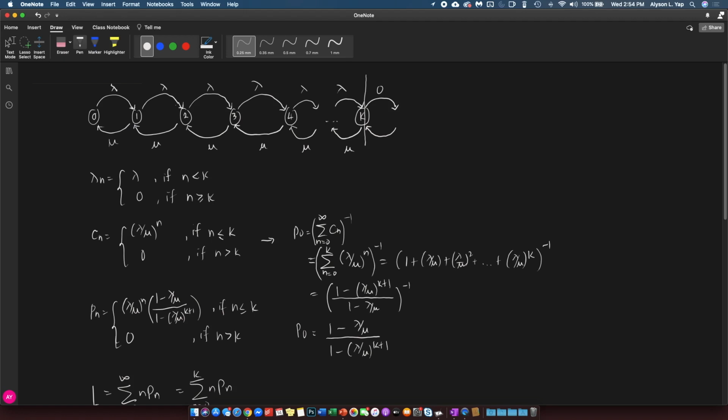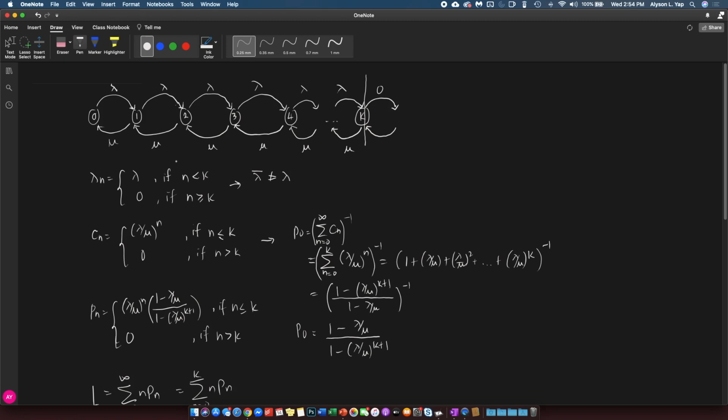When you reach a state of n equals k, then your arrival rate automatically becomes 0. Now, one implication that we will be using later on is that given your lambda sub n, lambda bar is different and it is not equal to lambda. I will be computing lambda bar later.